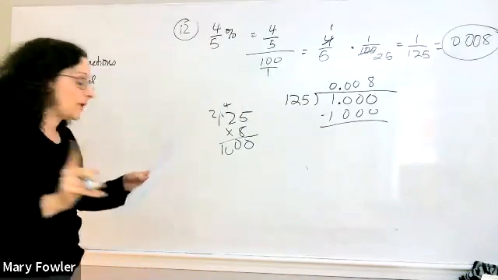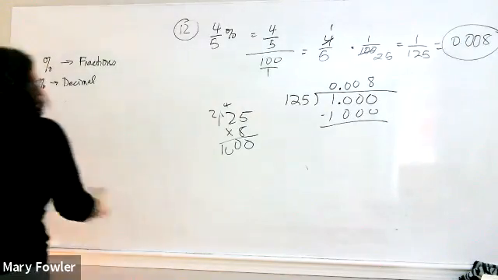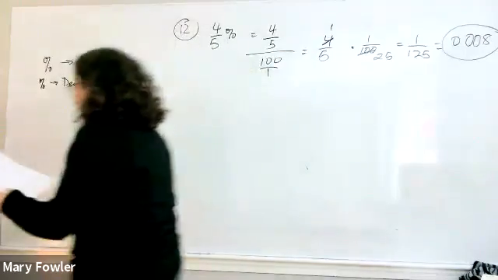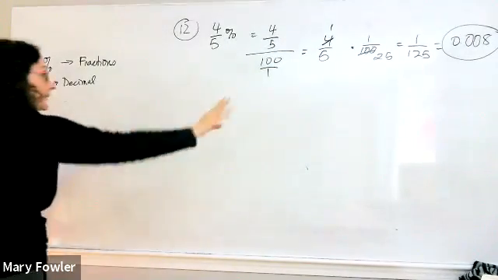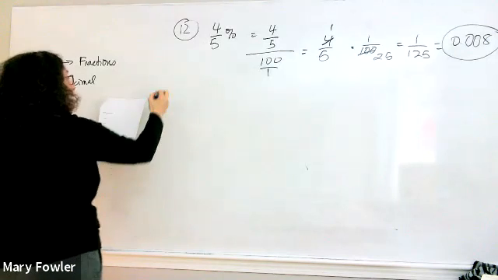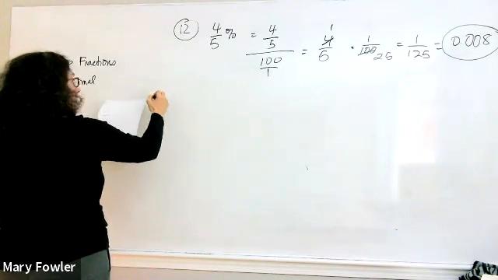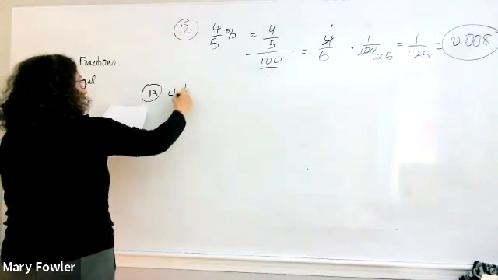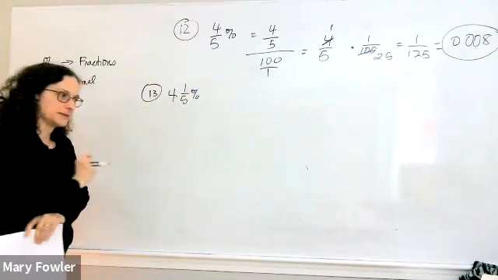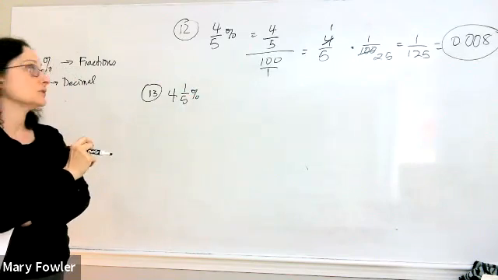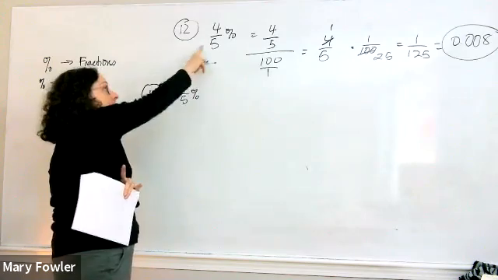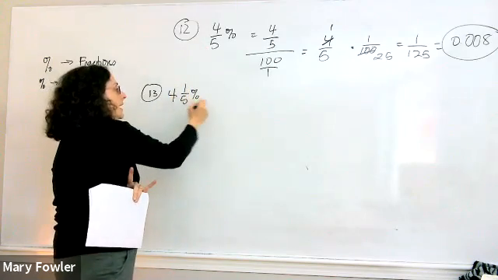And we're going to do one more problem and then take a break and give you guys some practice. Practice on pause. Okay, so it's going to be similar. So maybe I can leave that one up there a little so we can see it. Number 13. It's 4 1/5%. It's a little different, but it's not that much different, right? It's a little bit different because it's a mixed number rather than just a proper fraction.